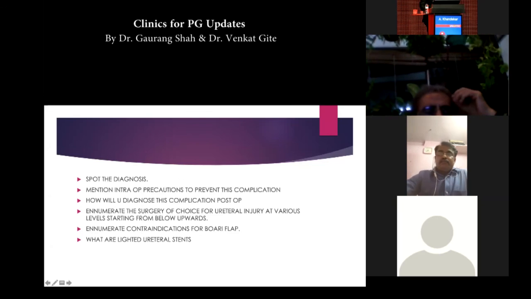Mention the intraoperative precautions to prevent this complication. Intraoperatively during a hysterectomy, the majority of chances of ureteric injury are at the pelvic brim, at the infundibulopelvic ligament, where the ureter lies medial to it. So during dissection, we have to keep the dissection lateral, close to the lateral pelvic wall, and near the uterus, where the ureter is under the uterine artery.